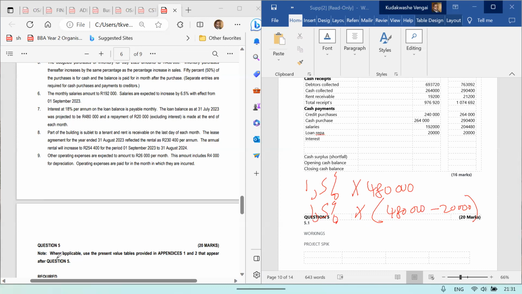So 0.015 multiplied by 480 gives us 7,200 for August. And then we open our bracket there, minus 20,000. That gives us 6,900 there.